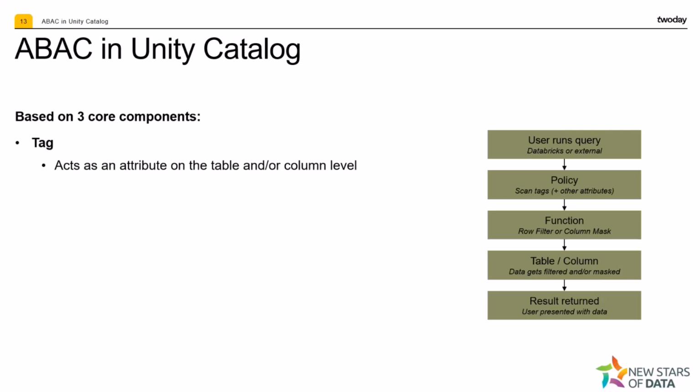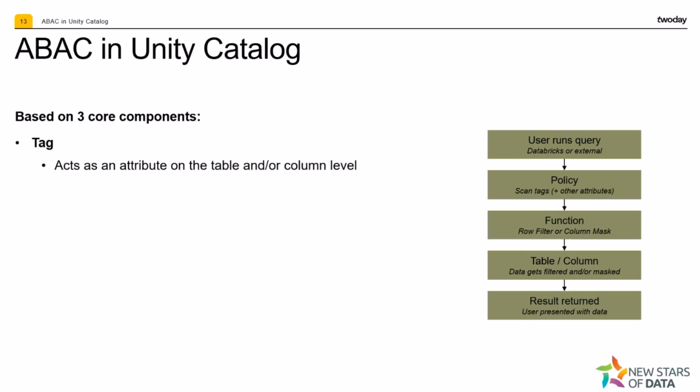So when you have to implement these, you have to have elevated permissions. You have to have permissions on the metastore level, and basically what they are is classic tags. They consist of key value pairs.